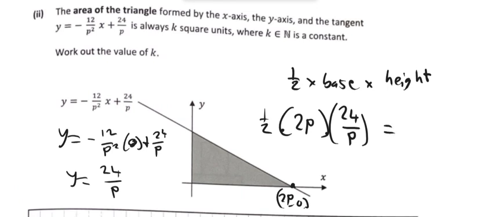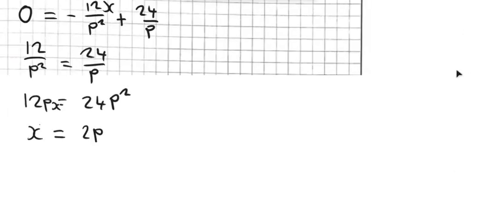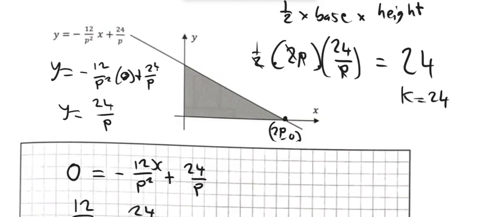Right, and then things will cancel out here. So the p's will cancel out, and then you'll just be left with 24. So 24 is the answer. So k is equal to 24. And that's it. That's all of question 9. So that was by far the easiest part, one of the long questions so far.